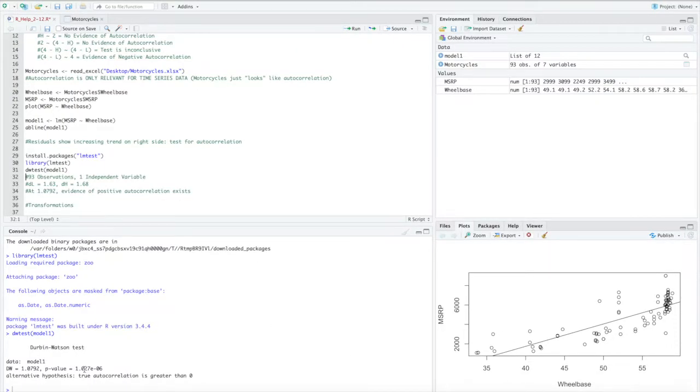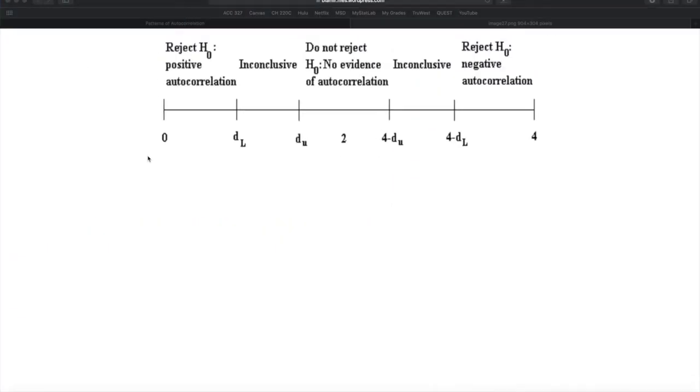And our p-value will confirm this, because we find that it's 1.027 times 10 to the negative 6. And as we know in statistics, if it falls below a certain alpha, such as 0.01 or 0.05, we can reject the null hypothesis. So in this case, we'd reject the null hypothesis and say that positive autocorrelation is present within our data set.